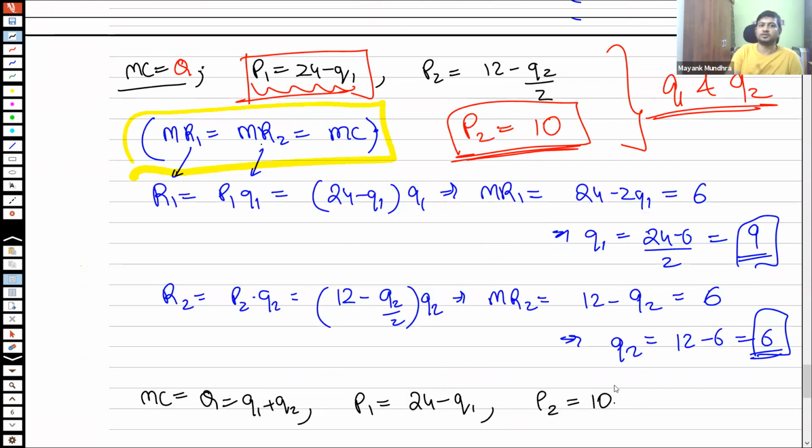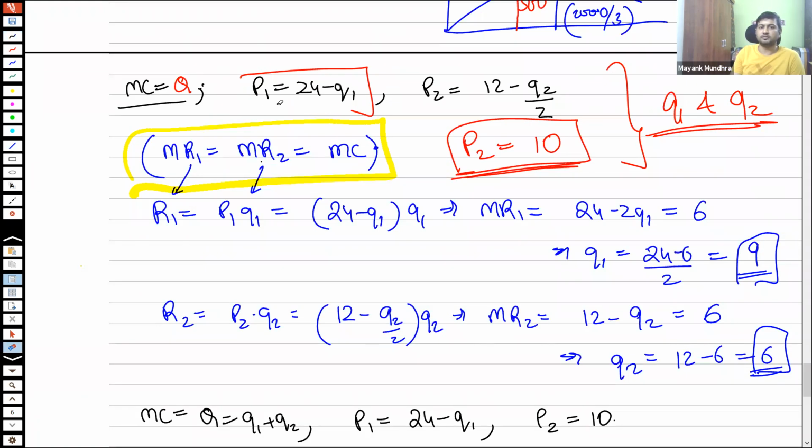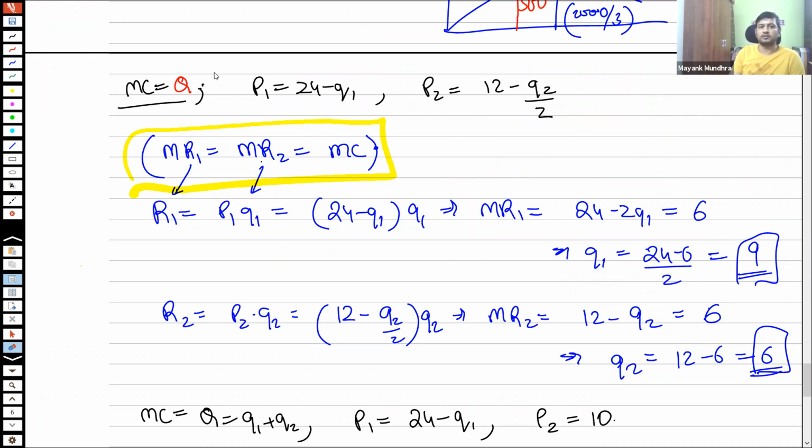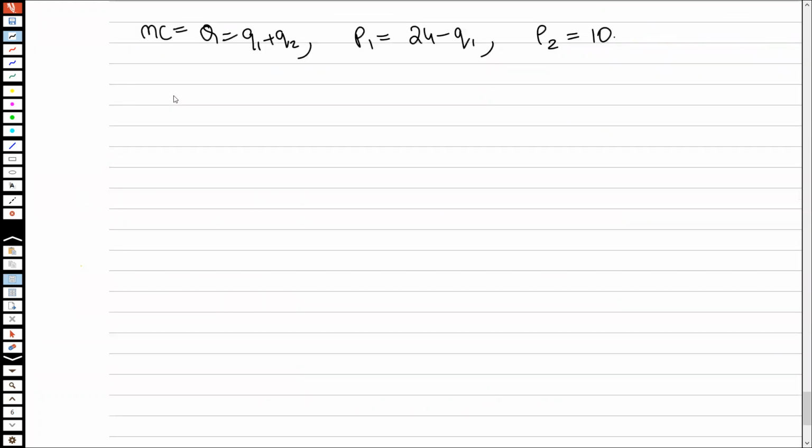So in this case, what's going to be the answer? Let me erase everything here. So 14 by 3 is Q1. And Q2? Q2 is 10.